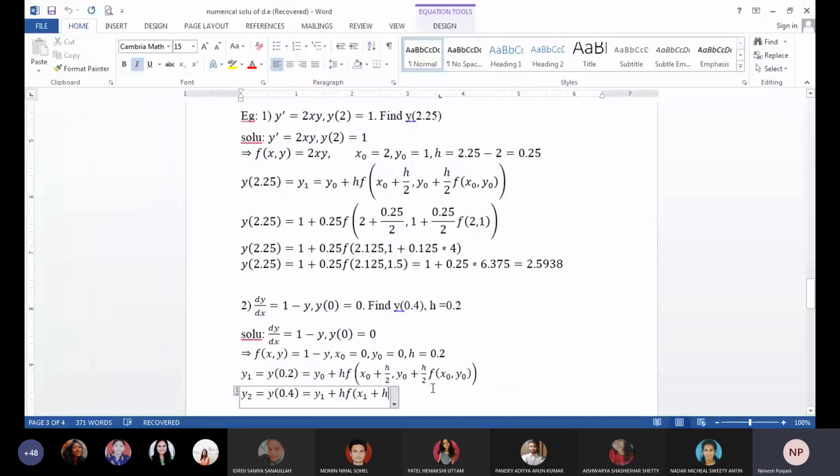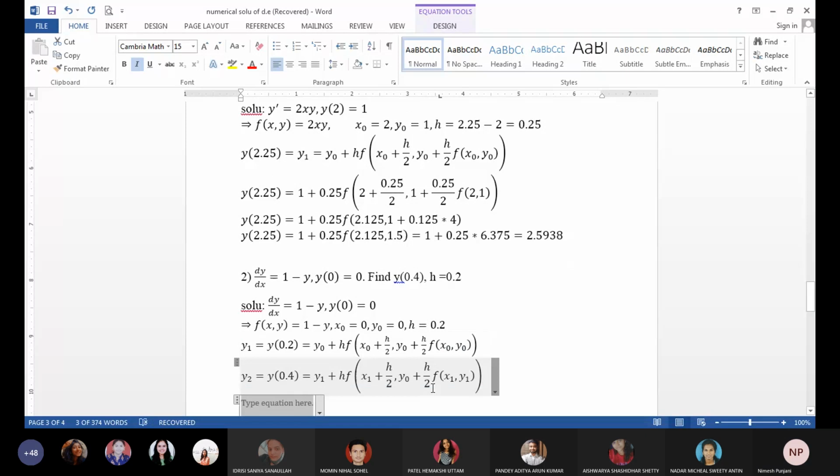So we were writing down the formula for y2, that is y of 0.4, which is y1 plus h f of x1 plus h by 2, y0 plus h by 2 multiplied by f of x1, y1. This is my formula. Now, substituting in this formula, we will first calculate y1. y1 plus h by 2. Yes, Simakshi. y1 plus h by 2. What does y1 become? In the formula, y1 plus h by 2, y1 becomes y2. Yes, here. Okay, okay, in place of y0. Yes, sir.